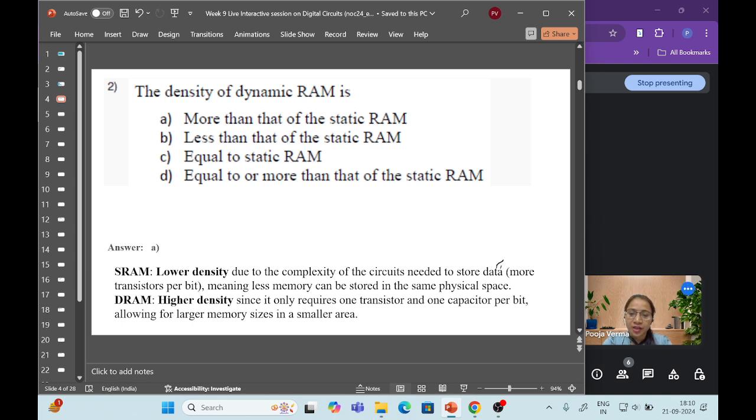That means less memory can be stored in the same physical space, while dynamic RAM has a higher density since it only requires one transistor and one capacitor per bit. That allows larger memory size in a smaller area. So dynamic RAM has a higher density than static RAMs.